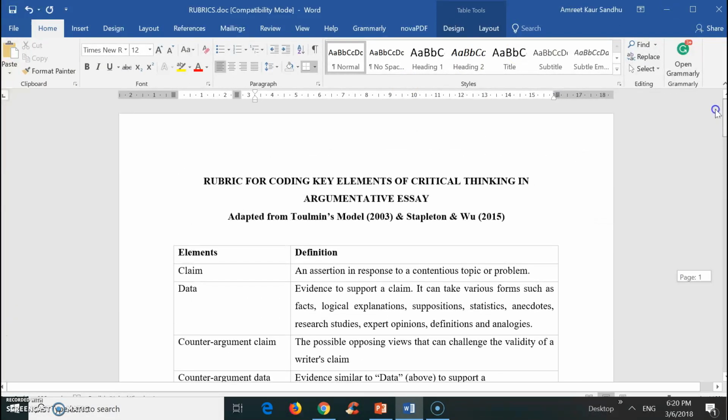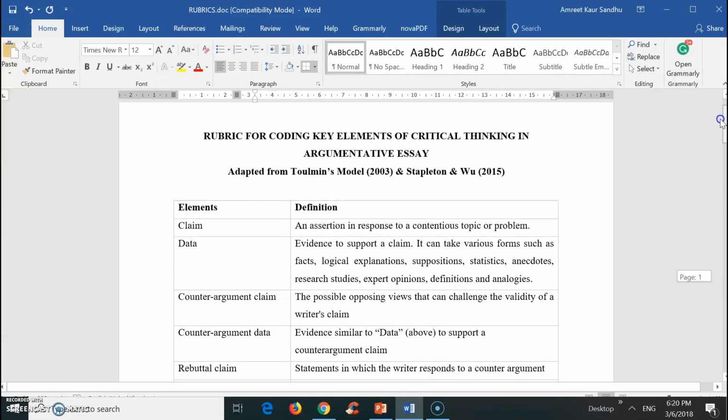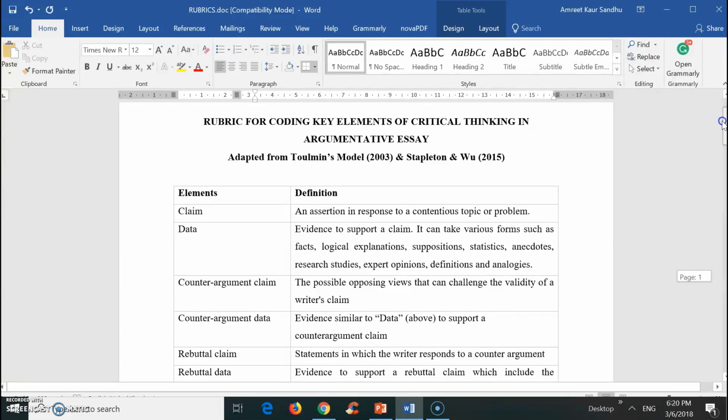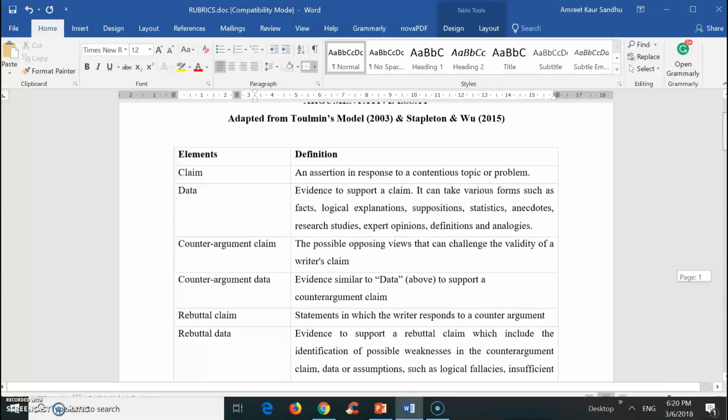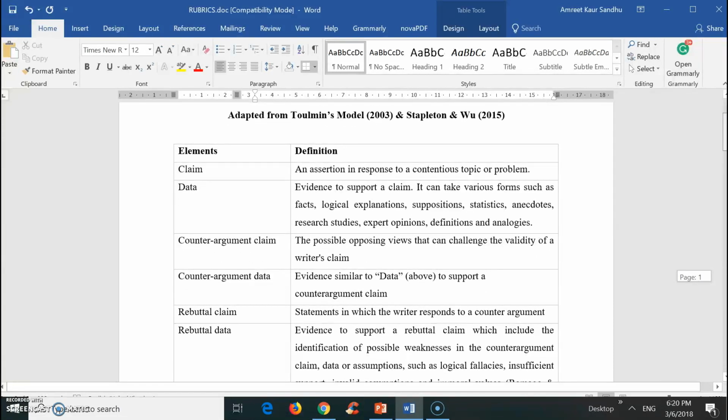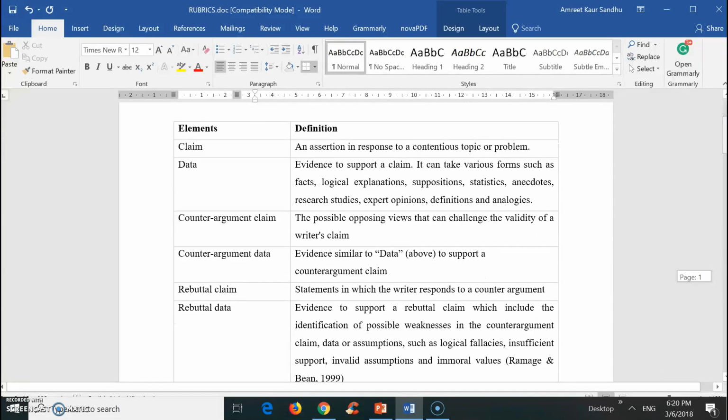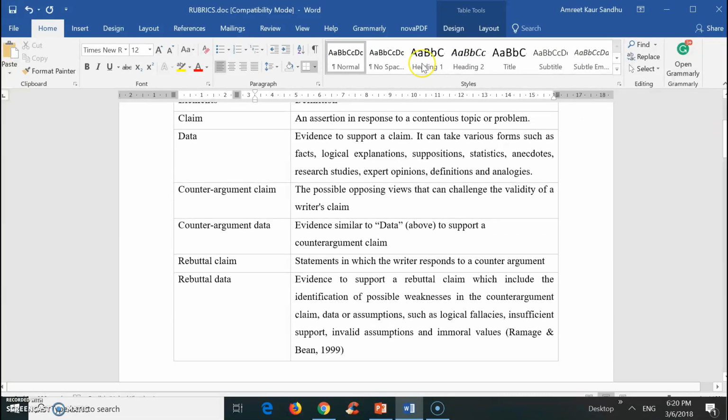The first rubric is coding key elements of critical thinking, adapted from Toulmin's model. When you write an argumentative essay, you should make sure you have all these elements, as we already covered in weeks 1, 2 and 3.